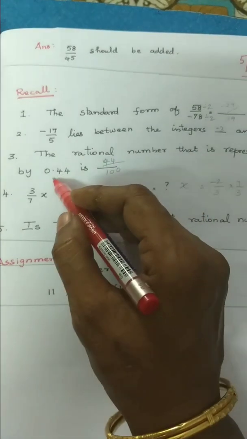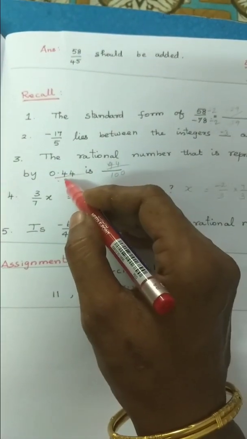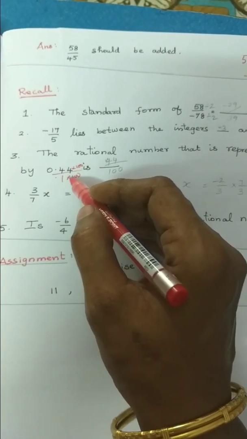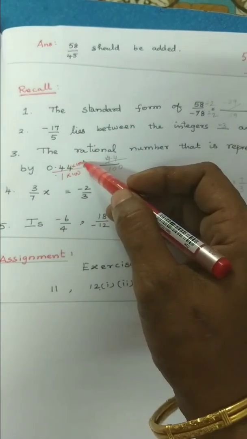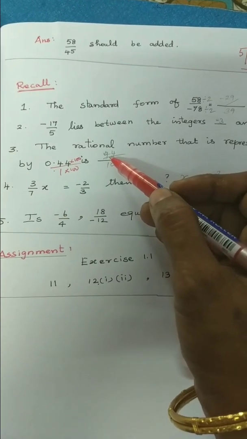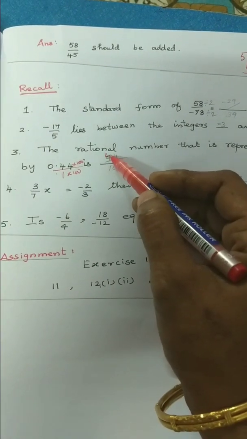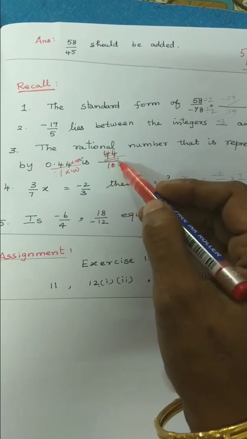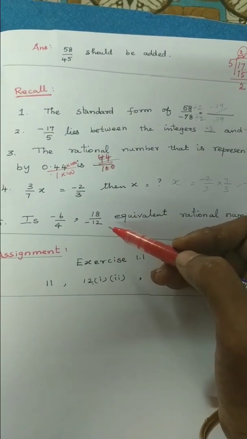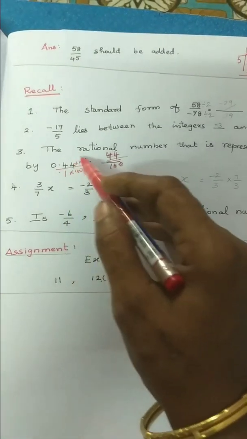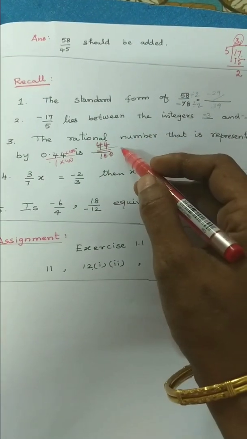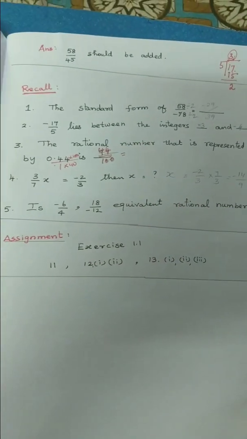If you want to change this to a rational number, you have to write it over 1 and multiply by 100 to make it a whole number. Then it will come as 44 by 100. This is the rational form of this decimal number. If you want to simplify this, you can cancel and write.